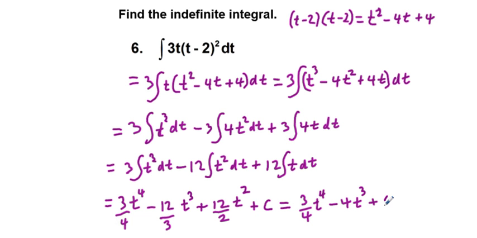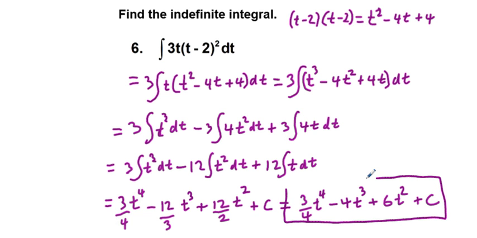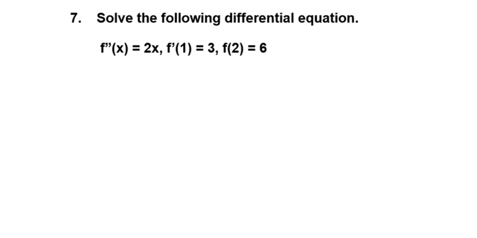We have plus 6t squared plus our constant of integration c, and this will be our answer to problem number 6. Now, problem number 7, we have to solve the following differential equation. So we have f double prime of x equals 2x, comma, f prime of 1 equals 3, and f of 2 equals 6.